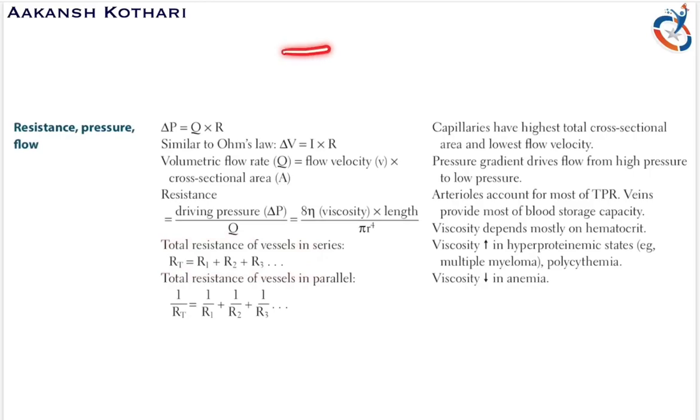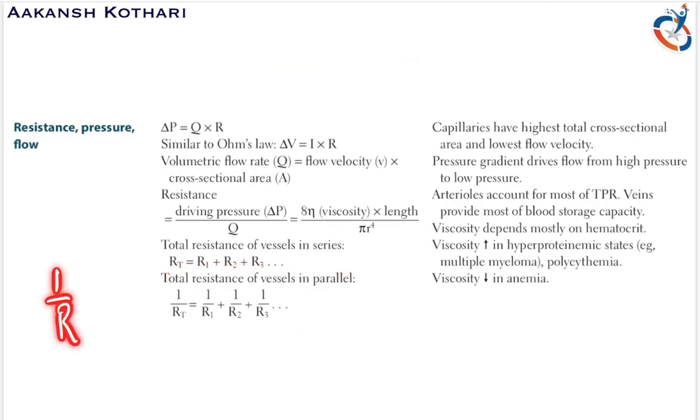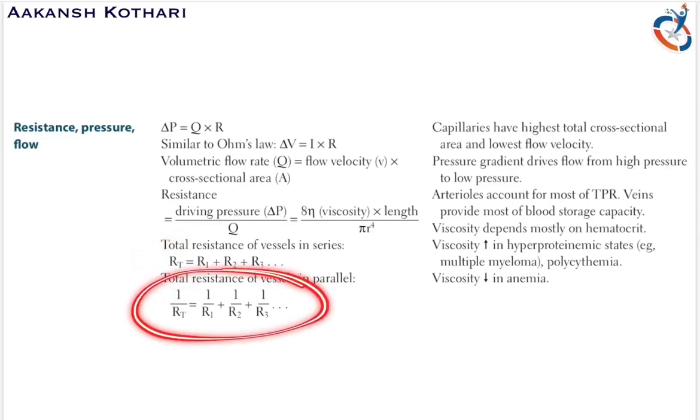And if two resistors are in parallel, then we take the resistance in this format, that is 1 upon R equivalent is equal to 1 upon R1 plus 1 upon R2 plus 1 upon R3 and so on. Okay, so this is how we measure, but most of the blood supply in our body is in the parallel aspect, and hence the resistance keeps on decreasing, but there are a few which are in the series.